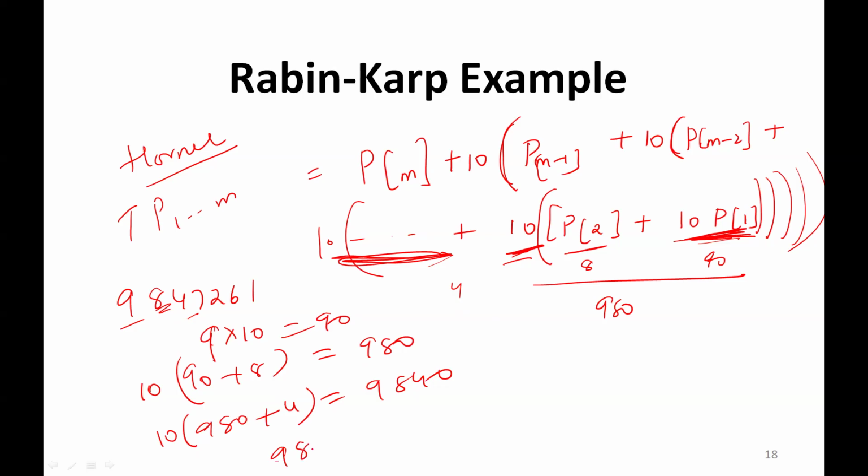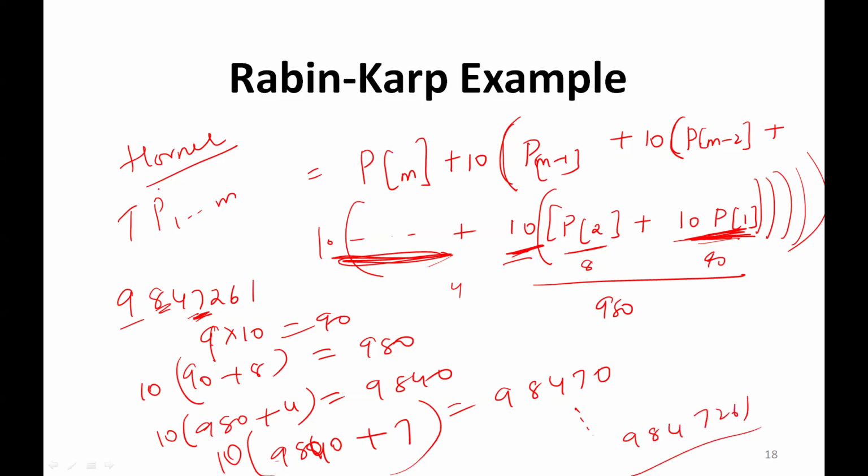Then next time you'll have 9840 plus 7, the fourth character, the whole thing into 10. 9847 into 10 will be 98470, and so on. This keeps on going until you get 9847261. So any number can be represented according to Horner's rule in this format. This is the format I'll be using in the algorithms.